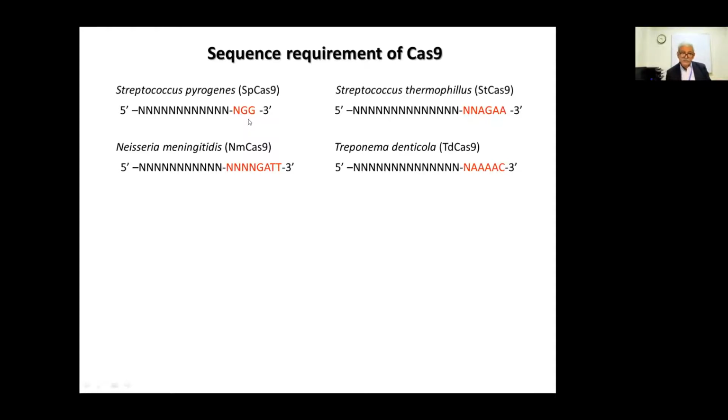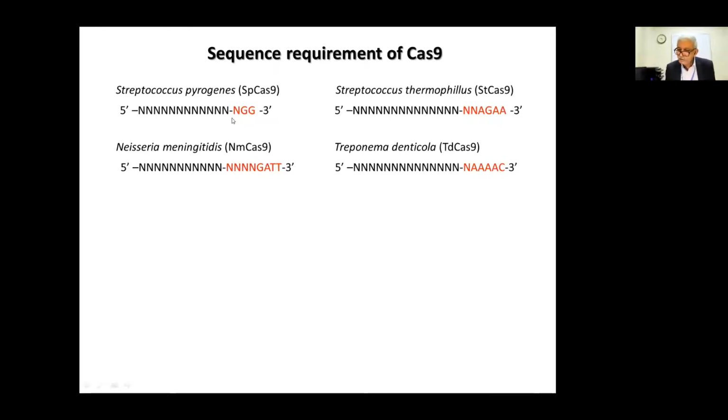So that's the reason this Streptococcus pyogenes Cas9 has become very popular, because of the shorter PAM site sequence and greater frequency of occurrence of these nucleotides.